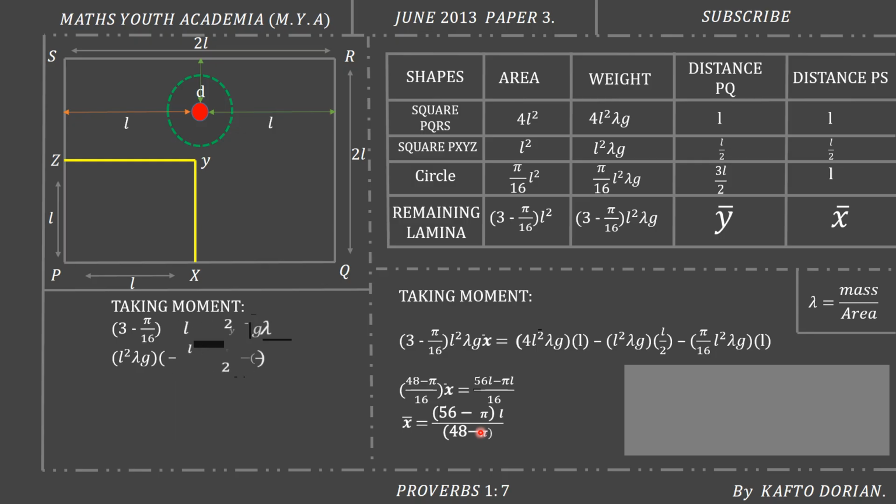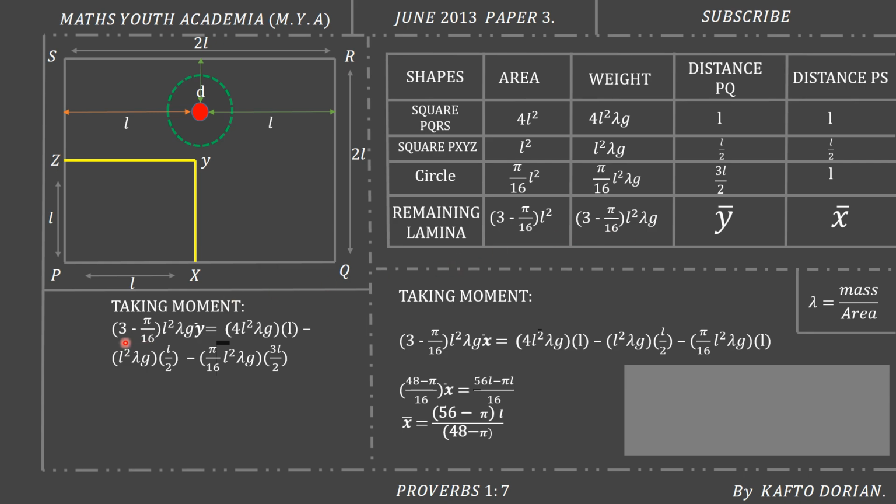Taking the moment to find now our y bar, we have still the same principle. I multiply my weight, my force, times the distance from PQ respectively, subtracting each.